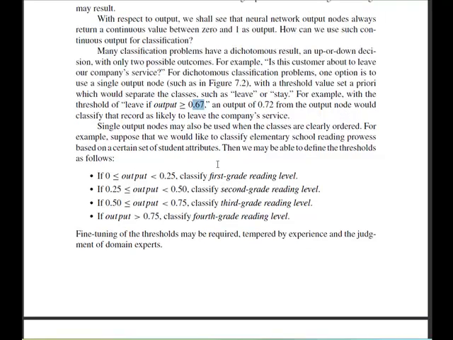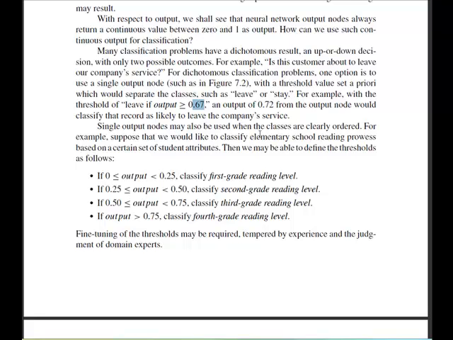Single output nodes may also be used when classes are clearly ordered. For example, suppose that we would like to classify elementary school reading prowess based on a certain set of student attributes. So the output is how well somebody reads.